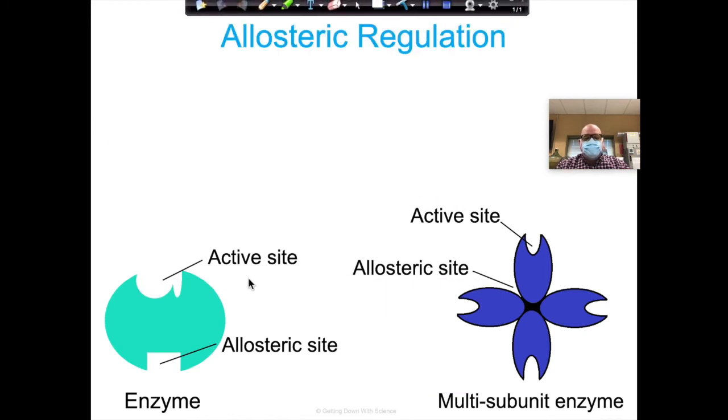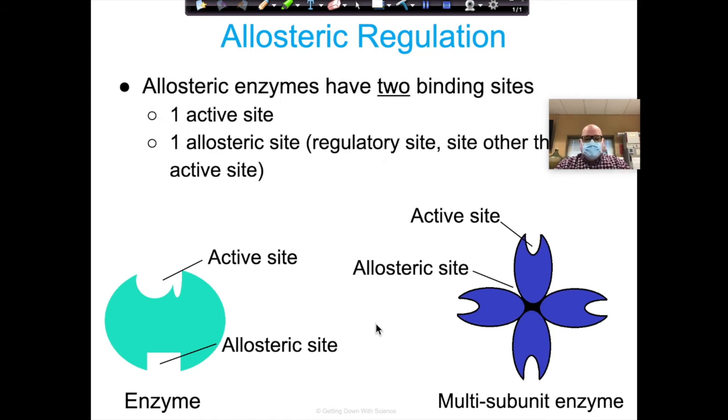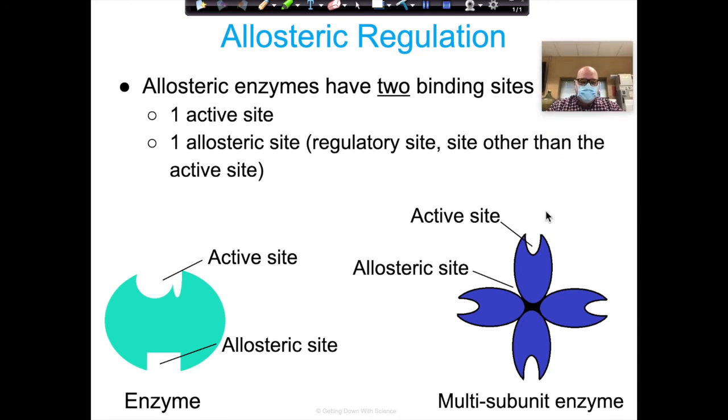All right, so here's two different shapes of enzymes. We have our goldfish one we've been looking at, and we have this sort of four-leaf clover one we've been looking at. Allosteric enzymes have two sites. Okay, they have two places that things can bond to them.